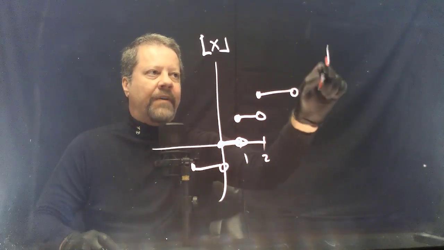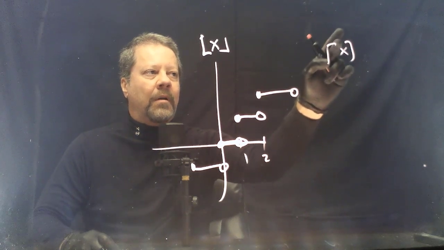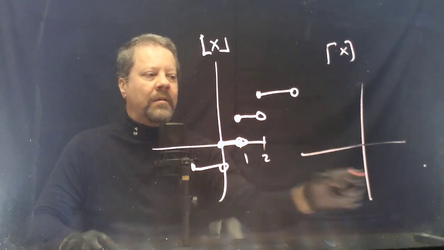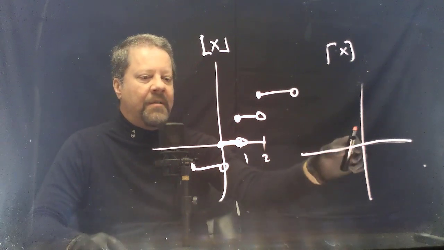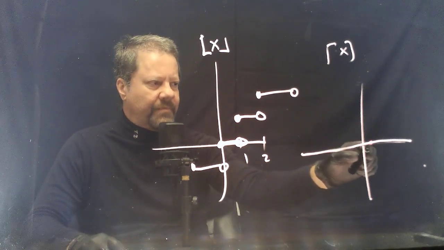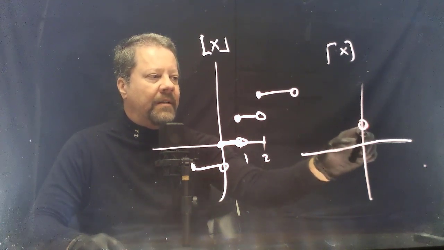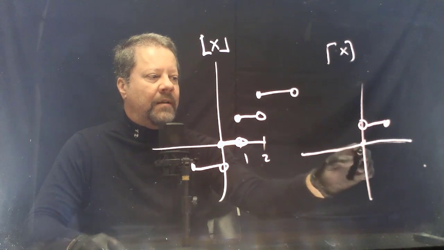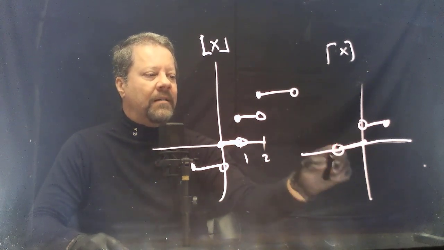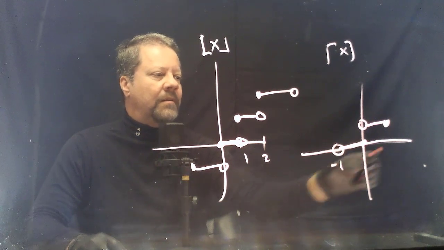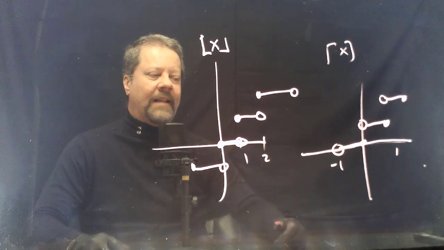Whereas the ceiling function gives the least integer bigger than or equal to, so at 1/2 it'll have to output 1, but at 0 it'll have to output 0. And it keeps going like that.